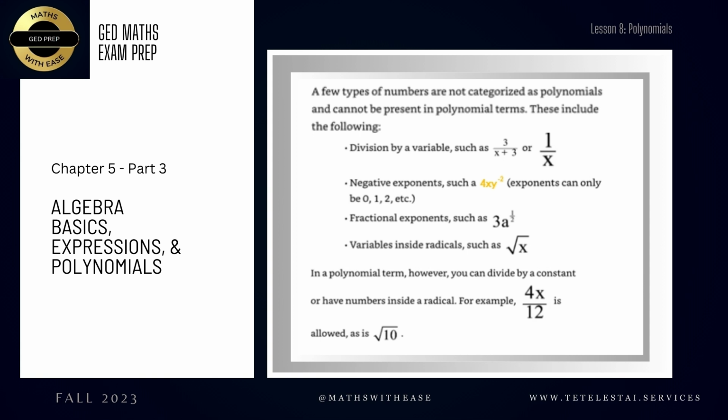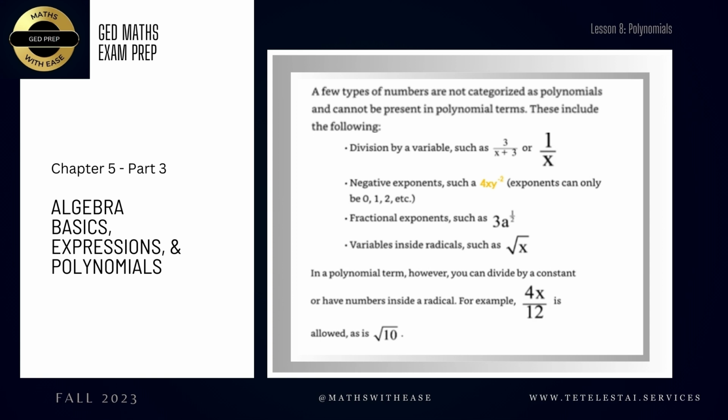So in that particular binomial, let's say you had x plus the square root of 225. That counts as a polynomial. In that example, the square root of 225 counts as a constant, and so that expression counts as a polynomial, okay?